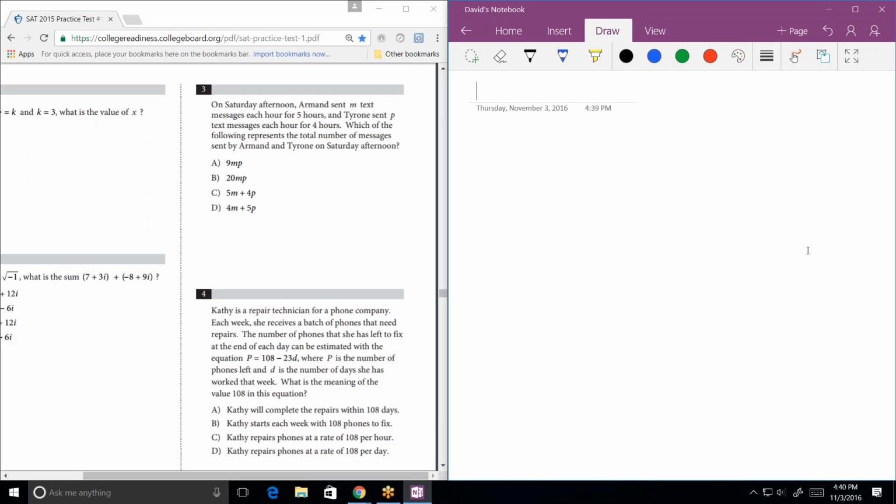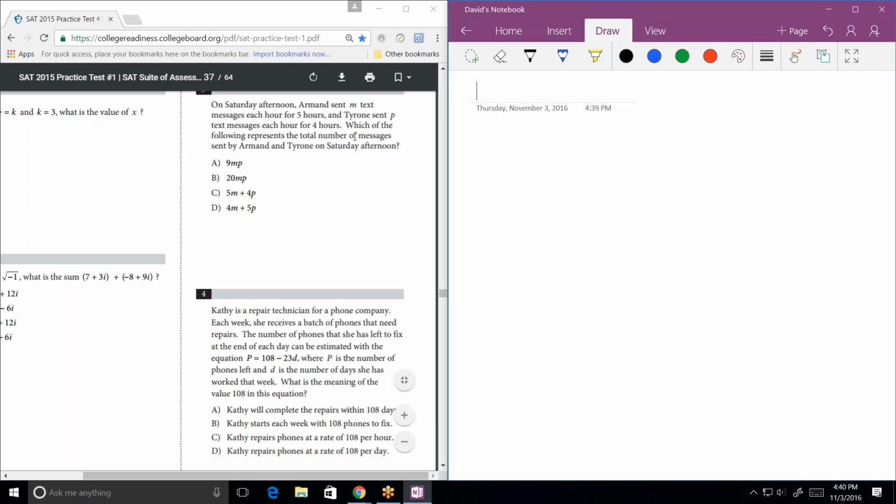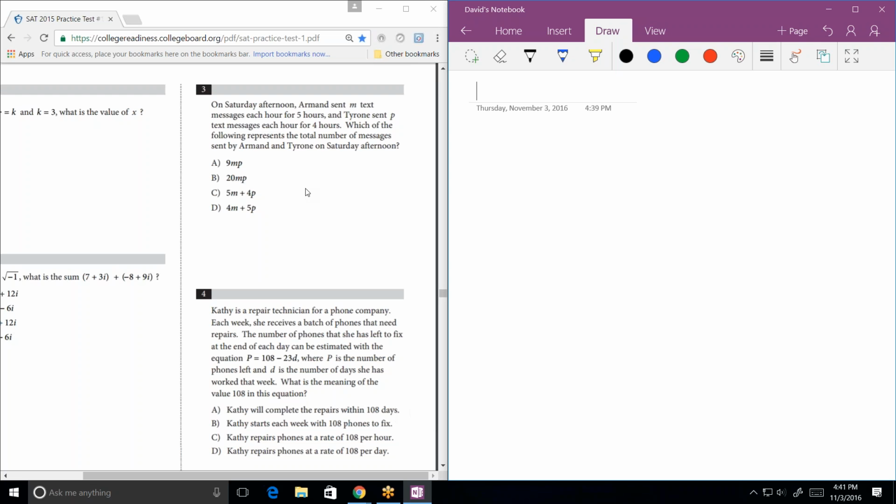So let me use this as a perfect example of how to do it by picking numbers. Even though you did it the most efficient way, if you did not know how to come up with that, whenever you see a problem that has variables in the question and variables in all four answers, that's almost always an opportunity to pick numbers.